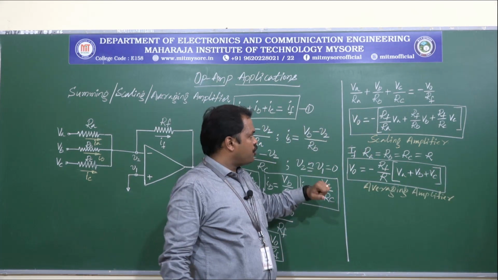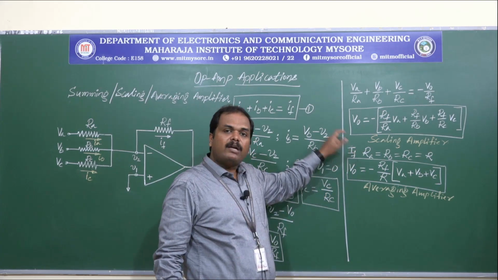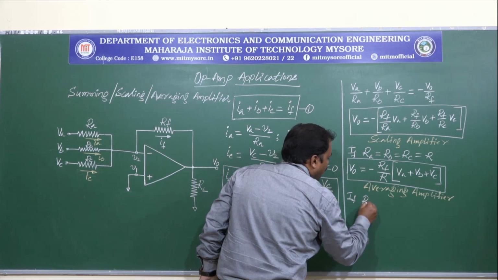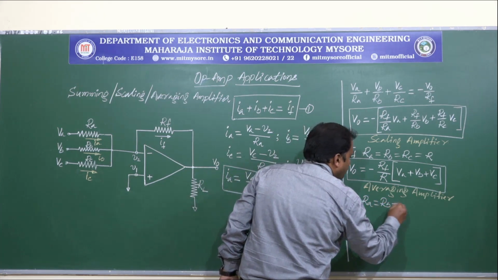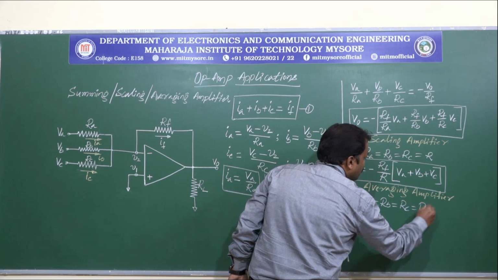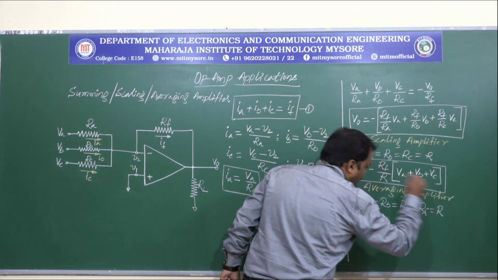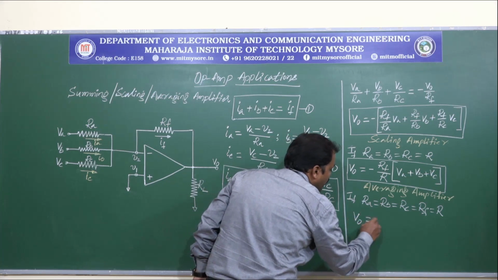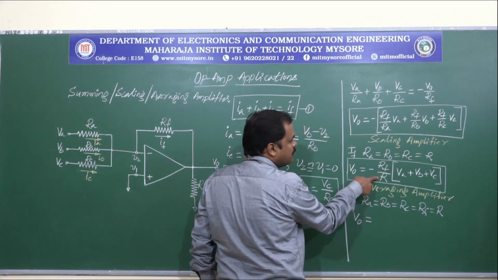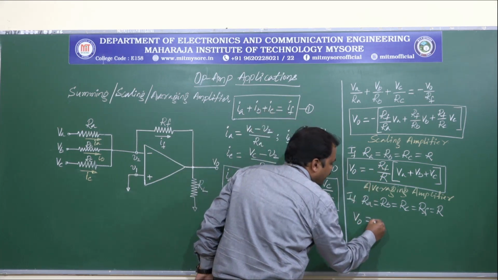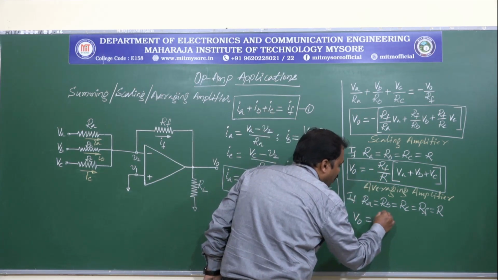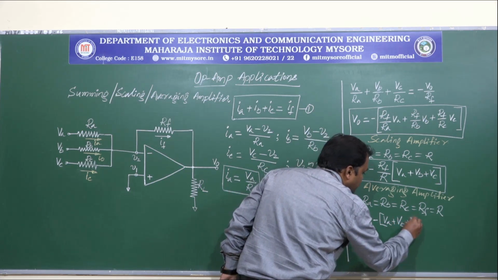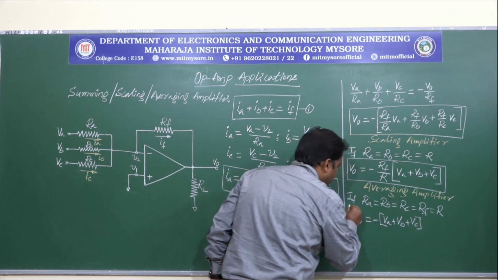Now in the same equation, if we equate all the resistance values, let us say RA equal to RB equal to RC equal to RF equal to R, then V0 will be equal to, here if RF is equal to R, then this cancels, then what we have is minus of VA plus VB plus VC.